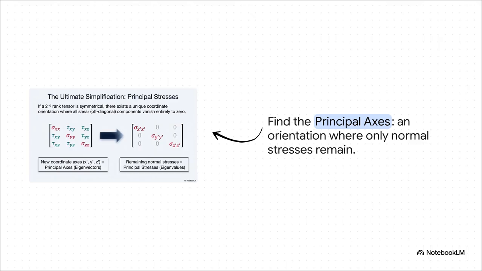For any state of stress, no matter how complex, the math of the tensor lets us find a special angle, a unique orientation, where all those complicated shear stresses just vanish. They go to zero. When we rotate our view to what we call these principal axes, all we're left with are pure, direct push/pull forces. These are the points of maximum tension and compression, and they tell us exactly where a material is weakest.